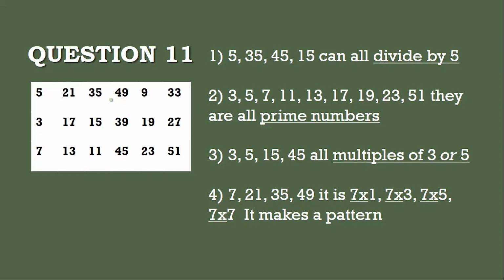Number 2, this learner said, I am grouping together 3, 5, 7, 11, 13, 17, 19, 23, and 55 because they are all prime numbers. It means nothing can be divided into them except themselves and 1.